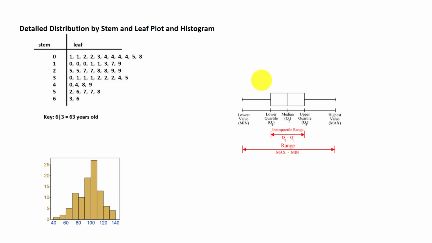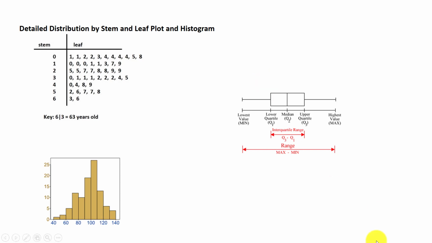A box and whisker plot is a way of summarizing a set of data measured on an interval scale. It is often used in exploratory data analysis. This type of graph is used to show the shape of the distribution, its central value and its variability.